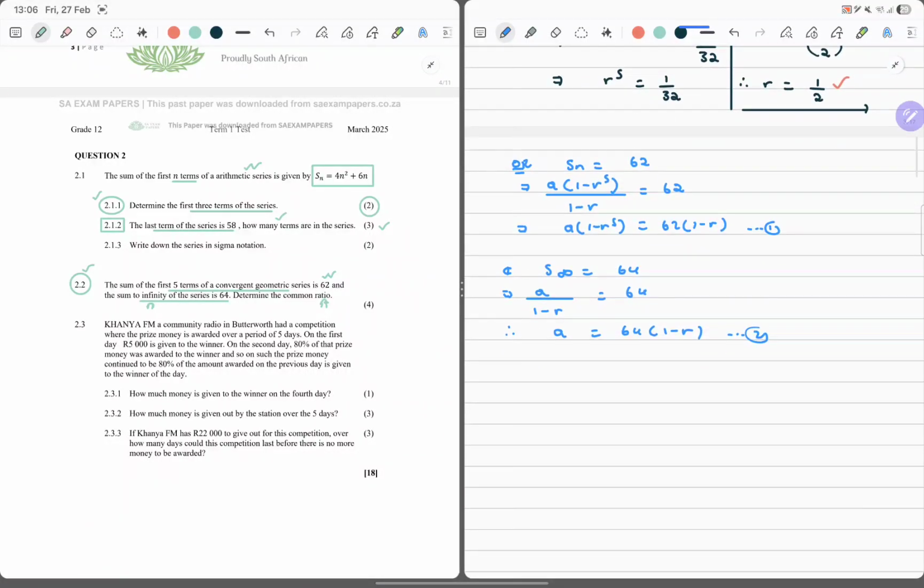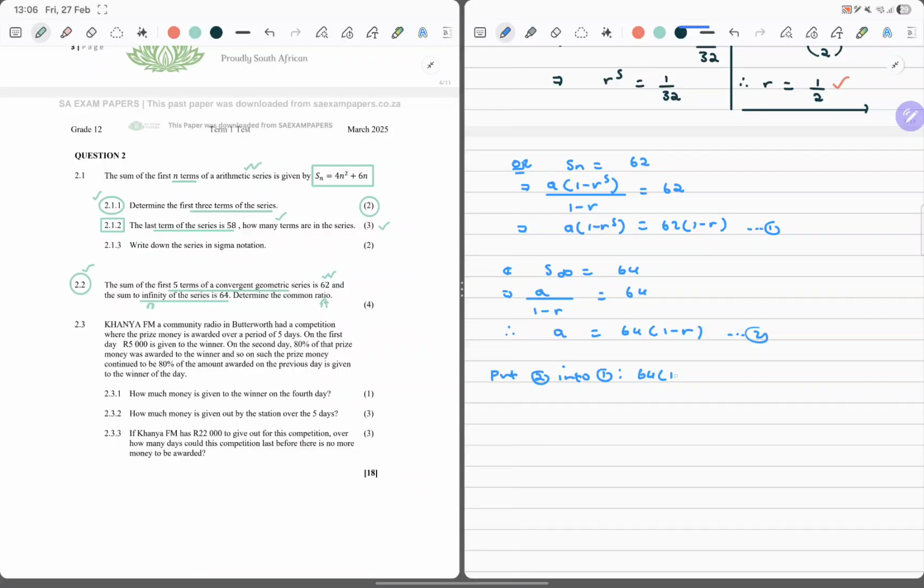Okay, do the same thing, put 2 into 1. This substitution method, guys, is key. You will see when you do calculus somewhere else, you will sometimes do this by substitution. Okay, right, so what do we see, guys? We've got a. What is a?